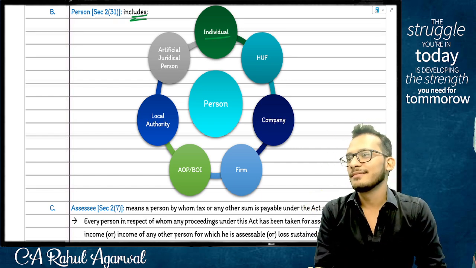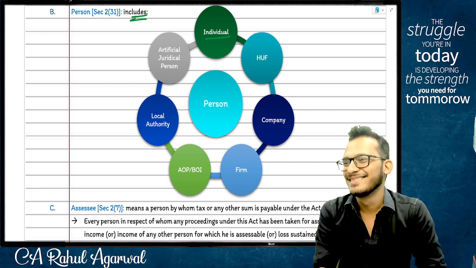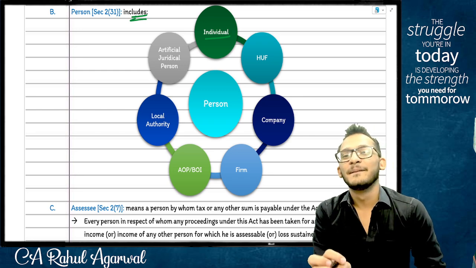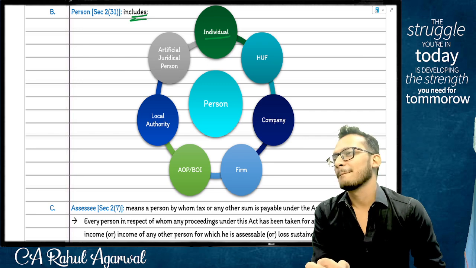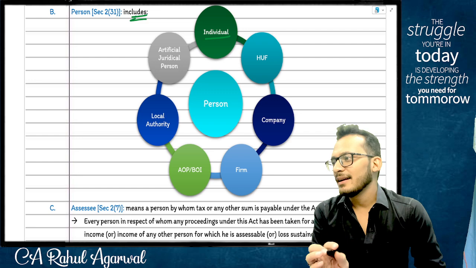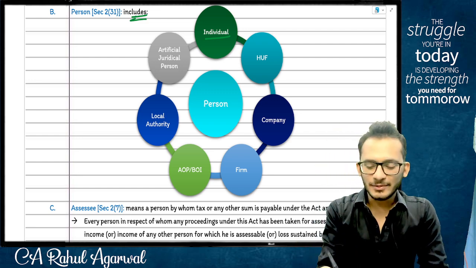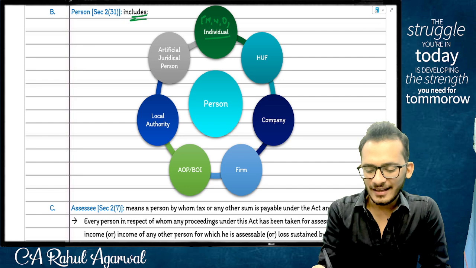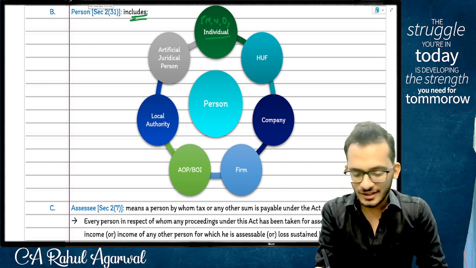People, individual means any natural person. Yes or no? Yes. This will cover men, women, others, and children.